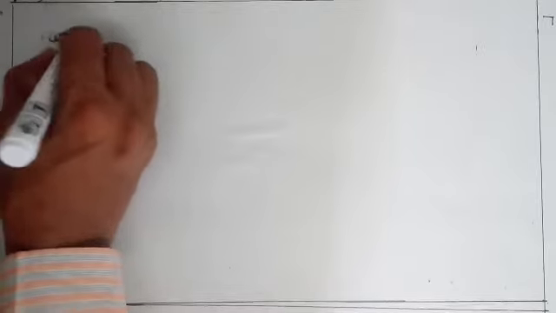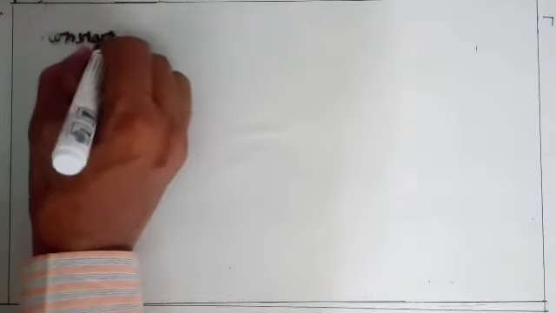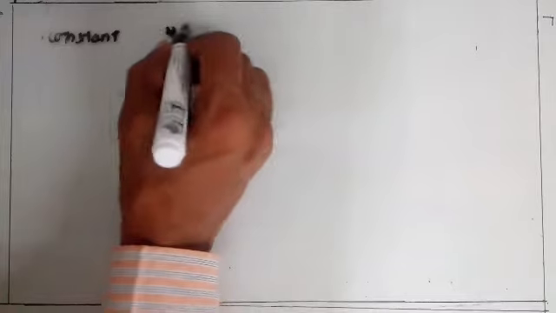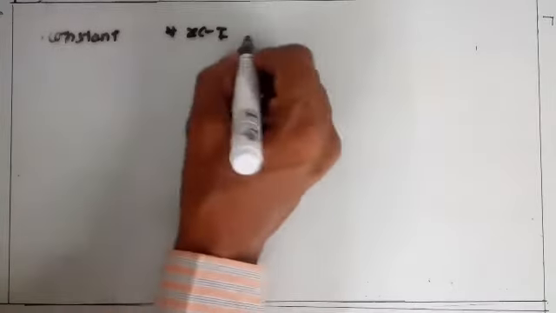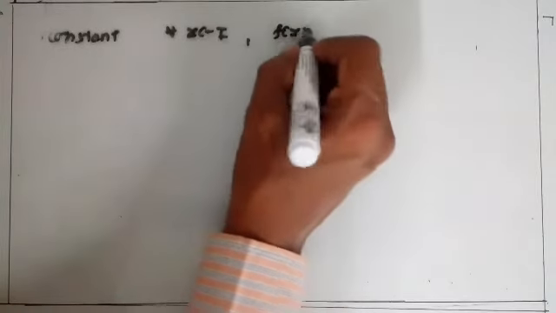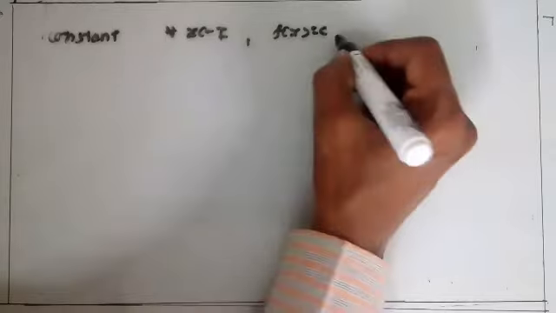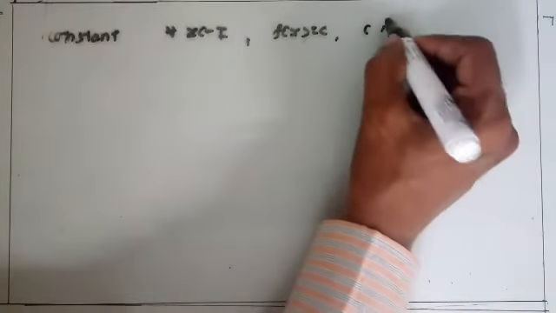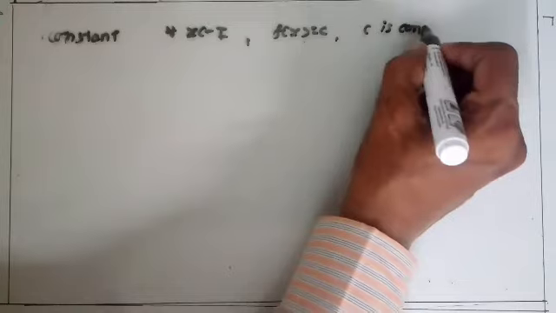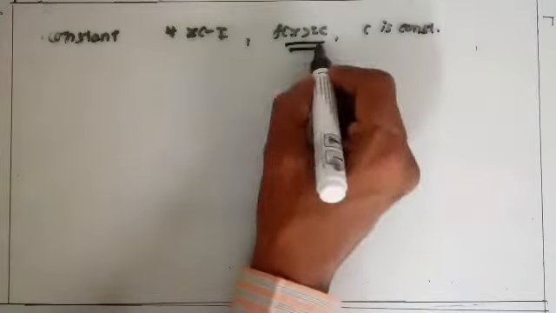Now next, constant function. For all x belongs to I, if f(x) is equal to c, where c is a constant, it is called the constant function.